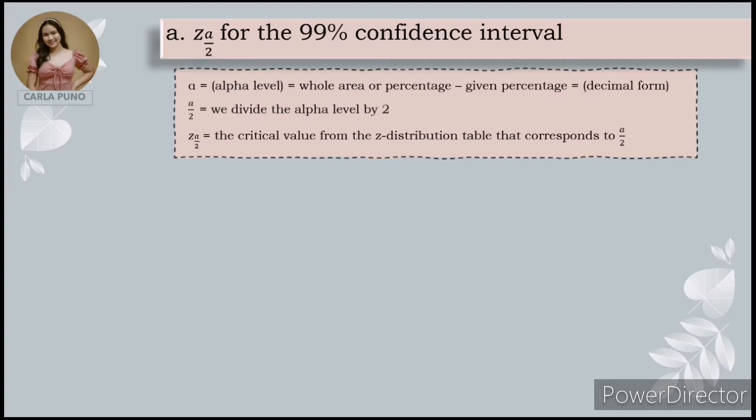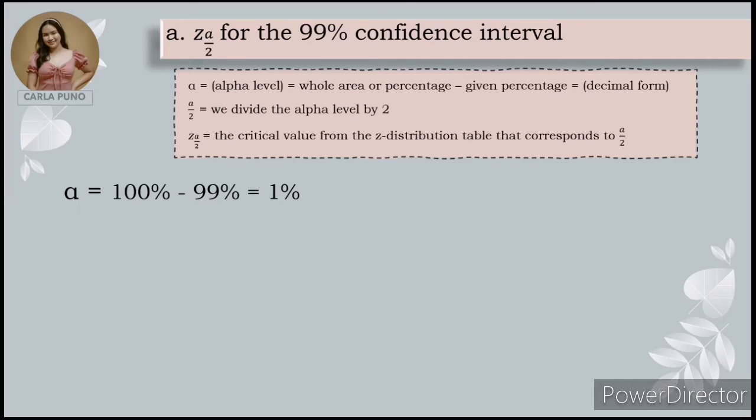And z sub alpha divided by 2 is the critical value from the z distribution table that corresponds to alpha divided by 2. First, we need to find the z sub alpha divided by 2 for the 99% confidence interval.